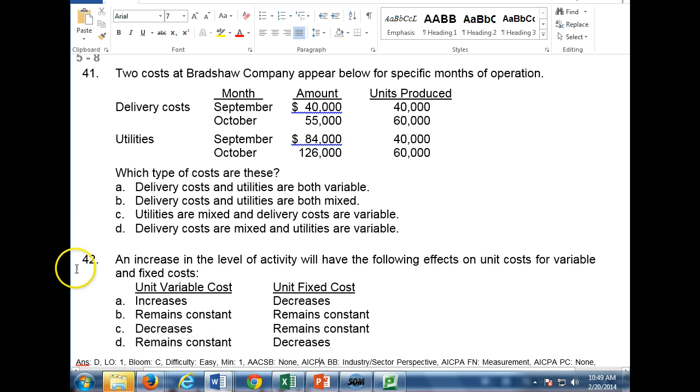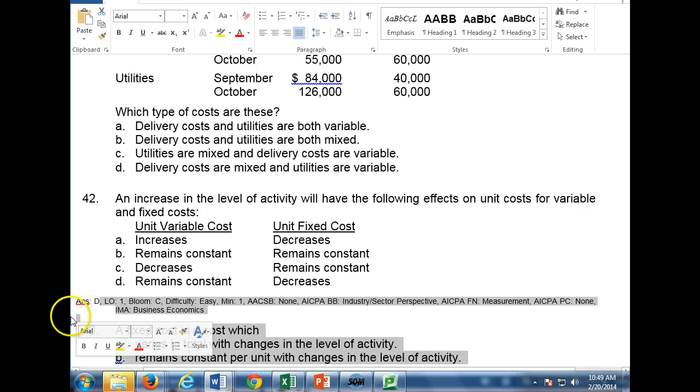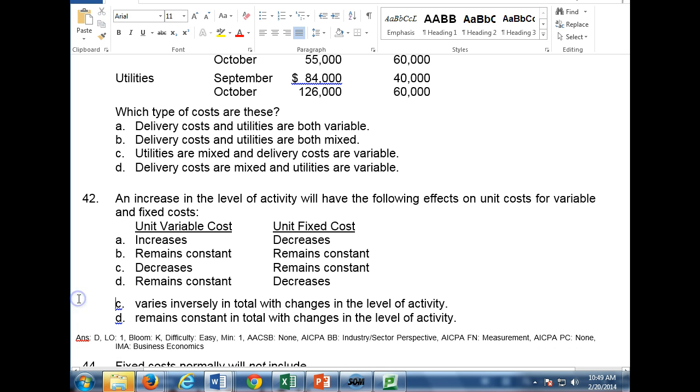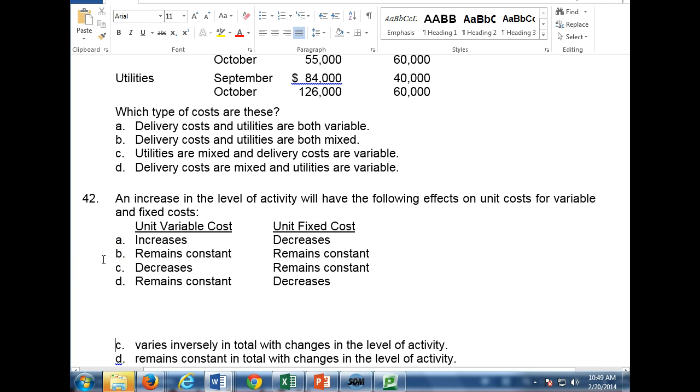Okay. Oops. Okay, you probably saw that. An increase in the level of activity will have the following effects on unit costs for variable and fixed costs.